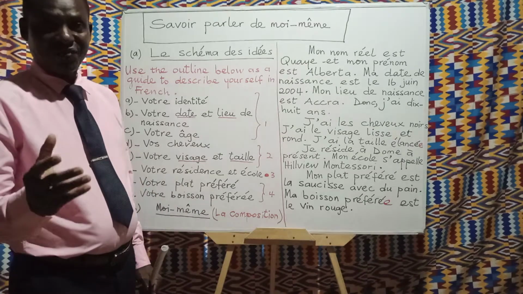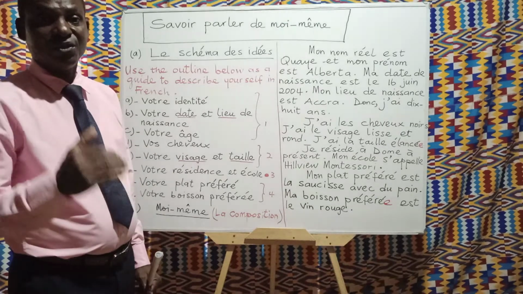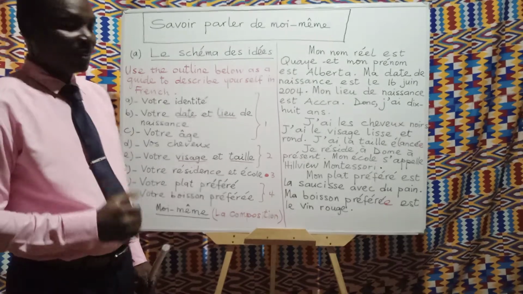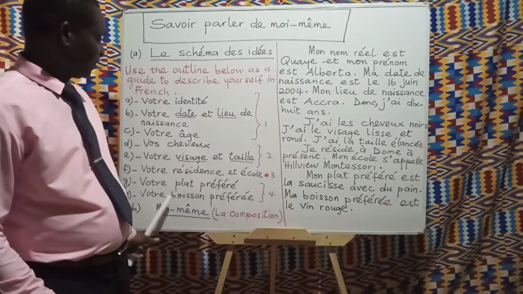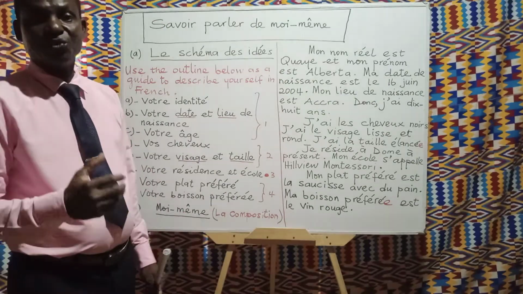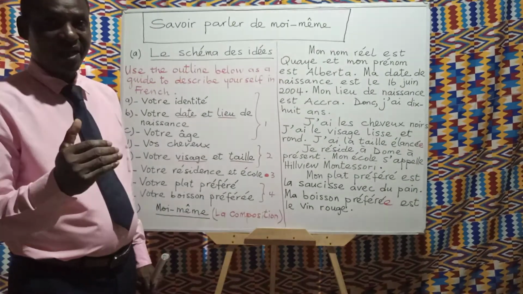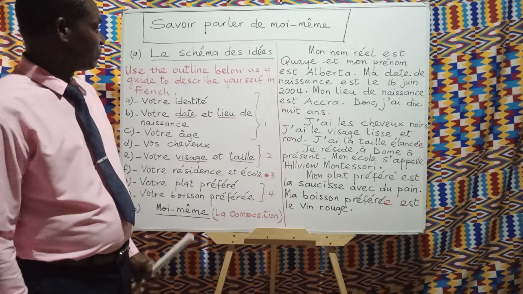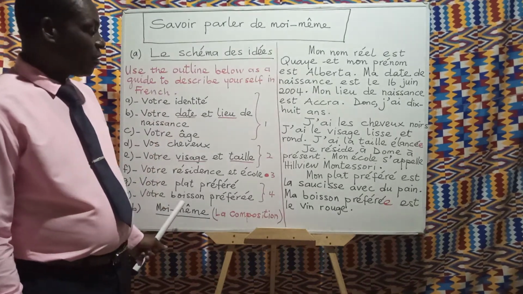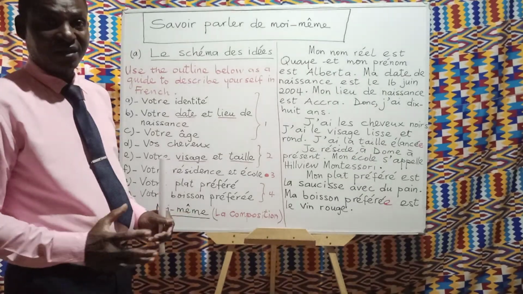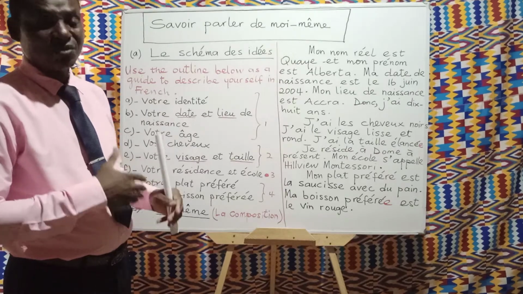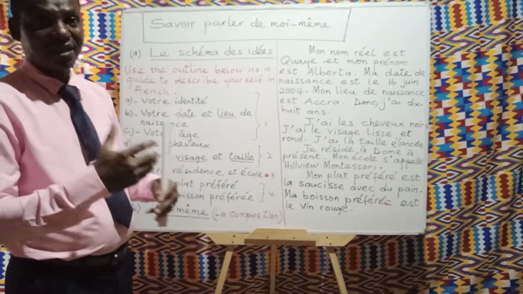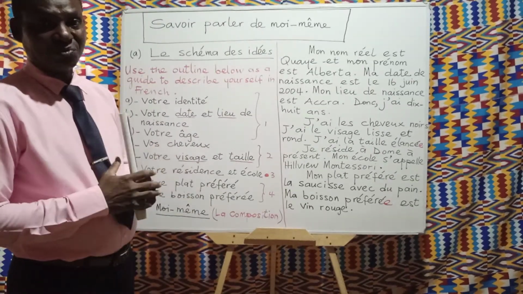Plat préféré has to do with your preferred food. And then the H, votre boisson préférée, has to do with your preferred drink. Now, this is how you can understand this outline, things you have to follow and answer them to come out with your piece of work.